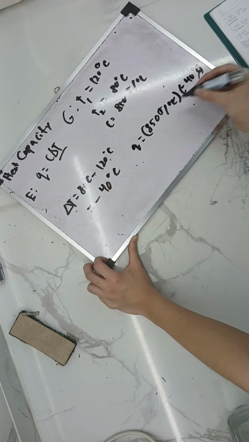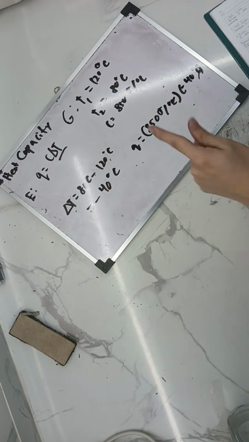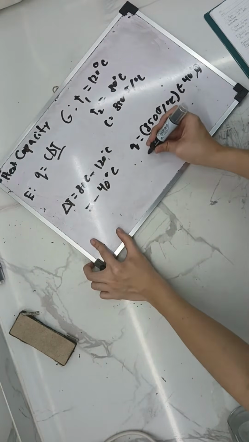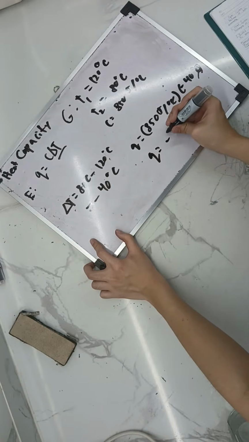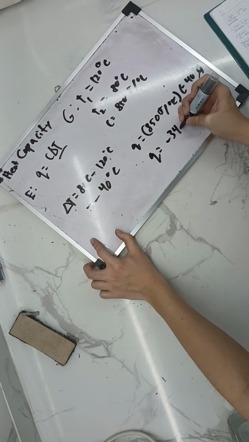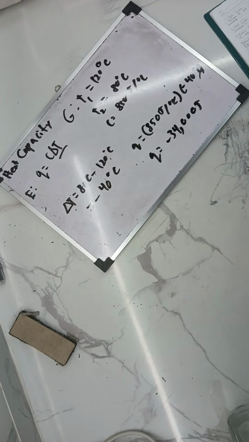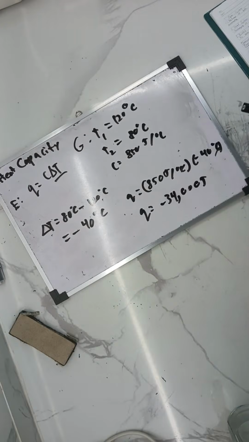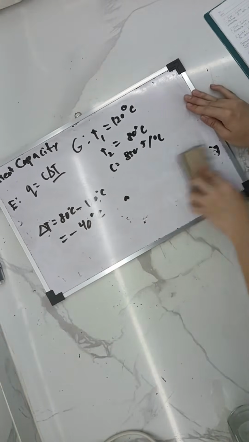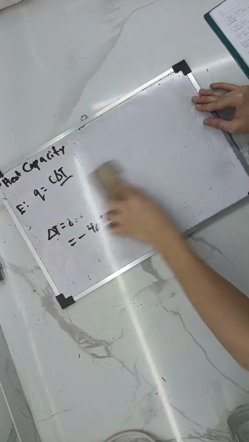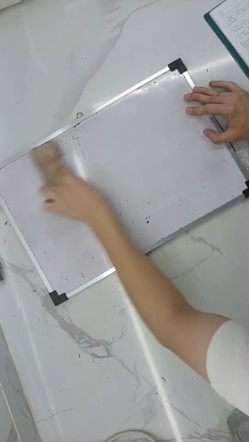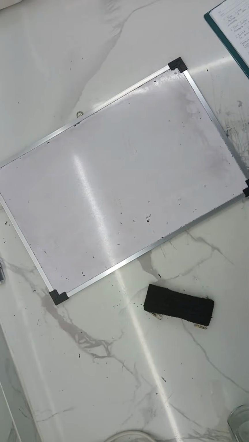Cancel out the units, and here's the interesting thing. Since it is negative, our final answer will also be negative. So the answer will be negative 34,000 joules. And since our answer is negative, that means that this reaction is exothermic because it is releasing heat into its surroundings.